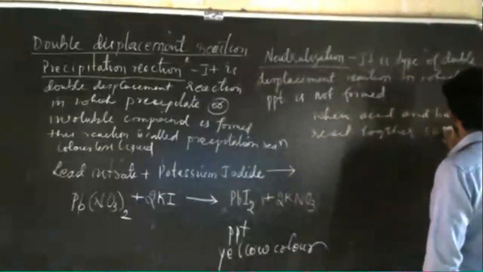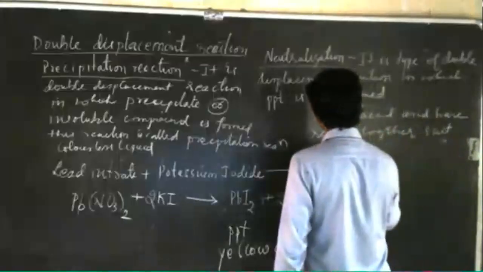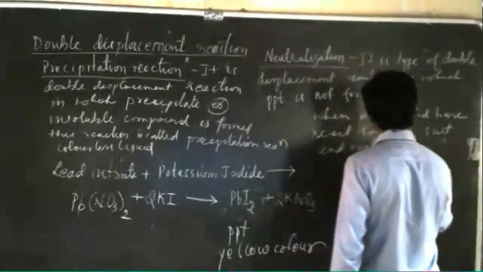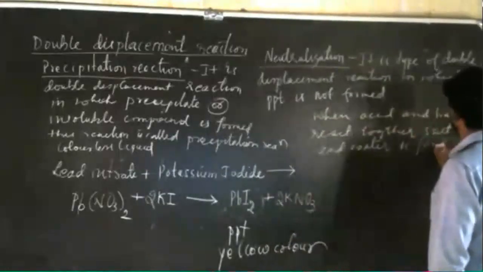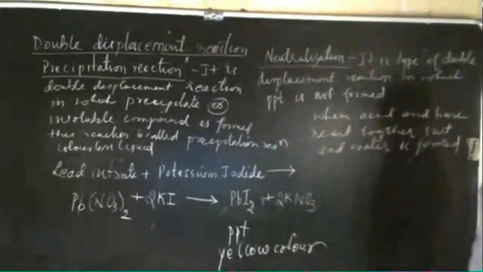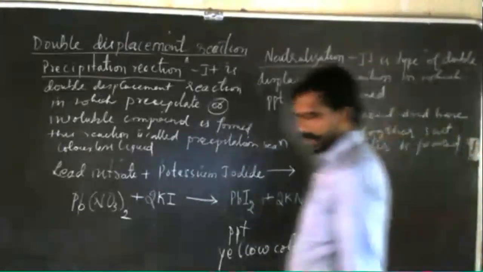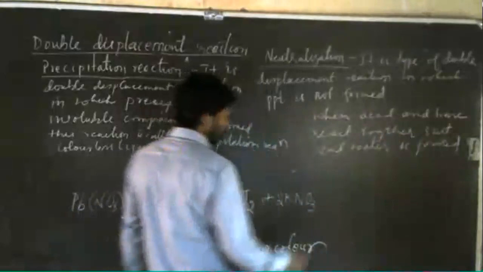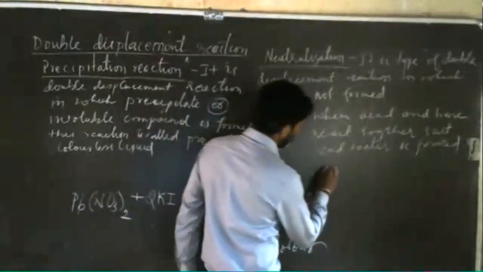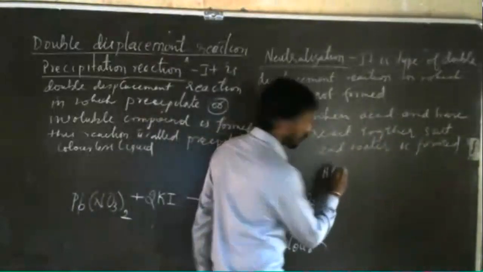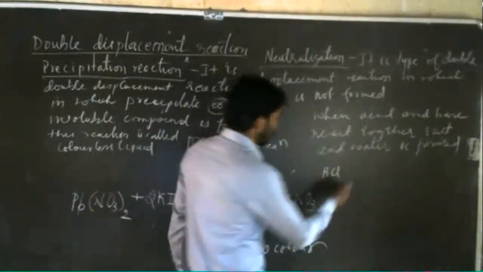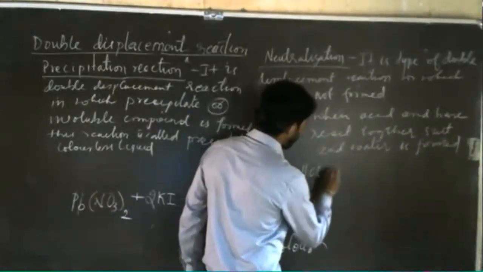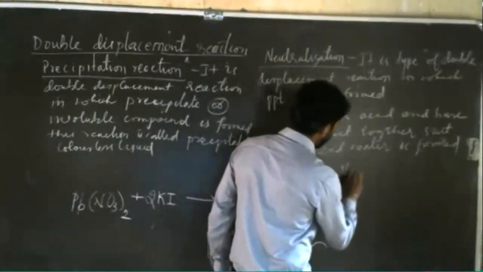So we can write like this also: when acid and base react together, salt and water are formed. This reaction is called neutralization reaction. I'll give you an example for this reaction.